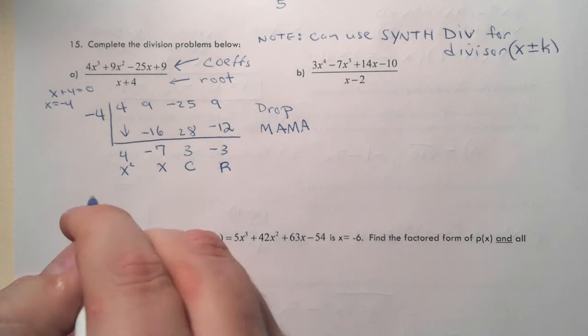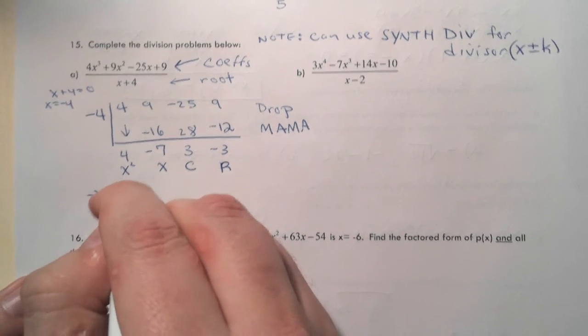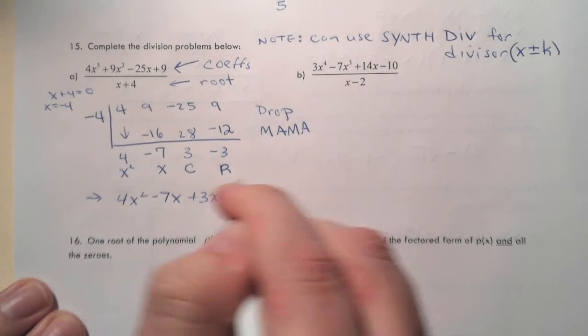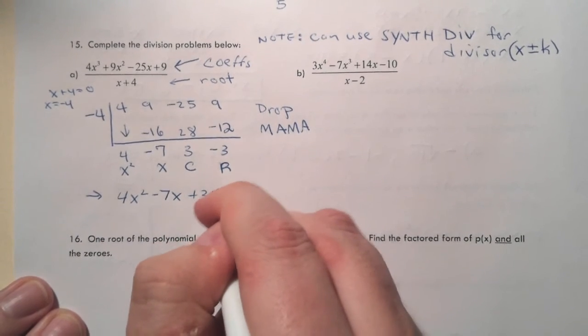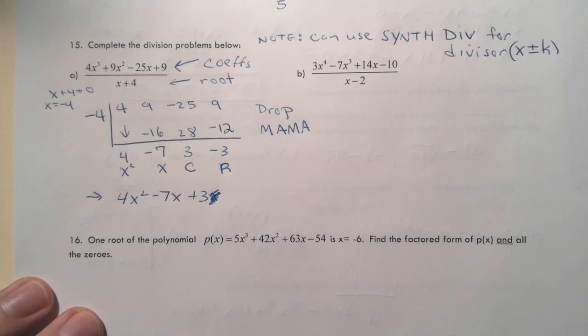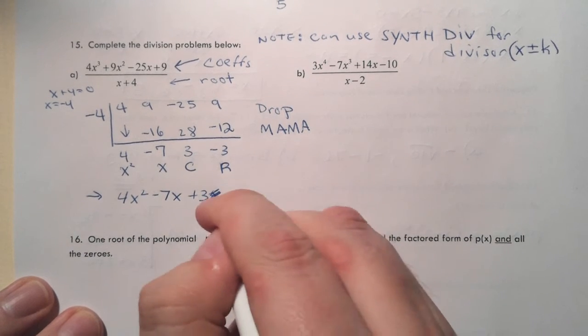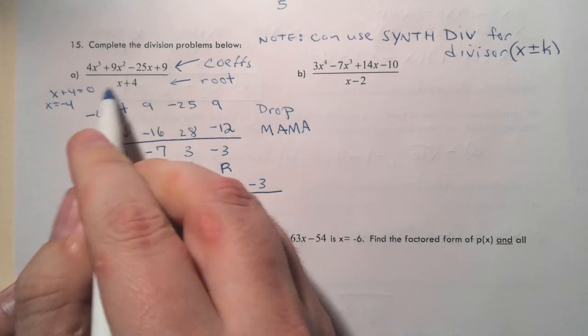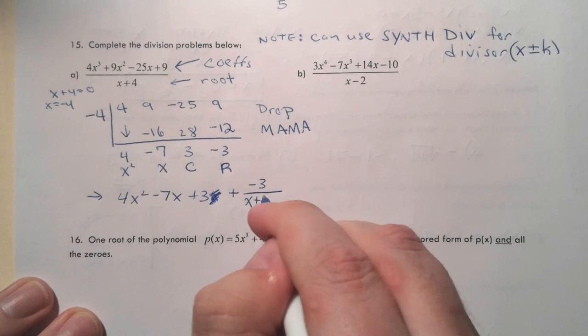And I can see that my quotient is 4x squared minus 7x plus 3, of course today's the day I ran out of whiteout, plus negative 3 over my divisor, which, remember, was x plus 4 still.